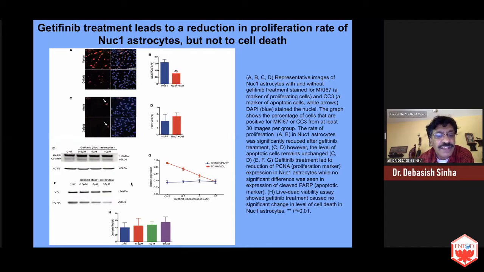Again, we also tried PCNA as a proliferation marker, and you can see that it also goes down, but there is no effect on PARP with gefitinib. So apoptosis is not affected. Finally, we did a live-dead viability assay and saw that gefitinib has no effect on the cell death of the astrocytes. So it is mainly affecting proliferation and migration.